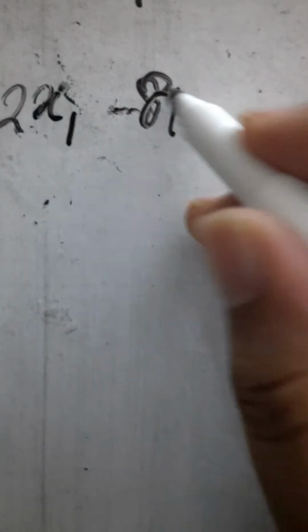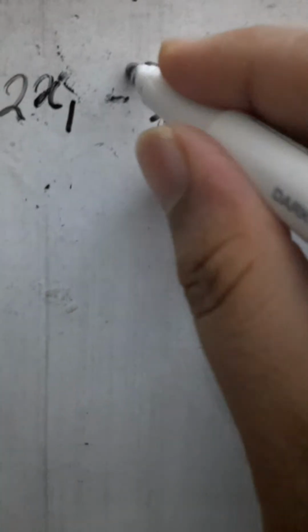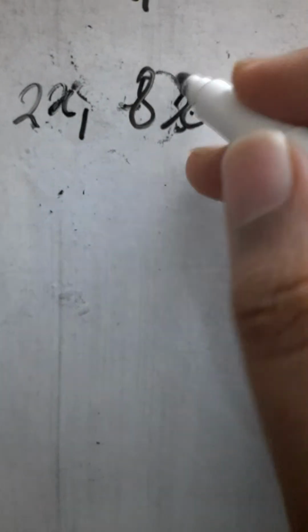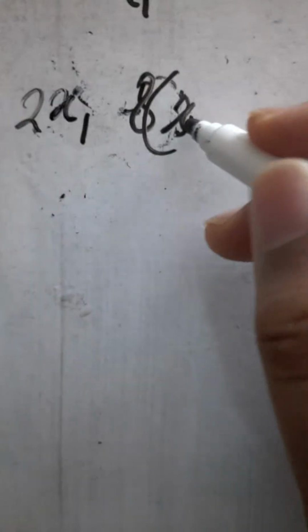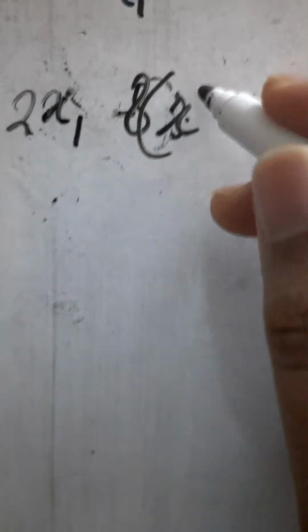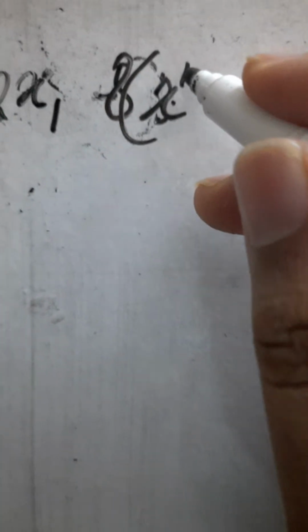Let's take 8 out of the picture: when you have a coefficient, 8 stays outside and we deal with the rest, and at the end that 8 simply multiplies. n is 1 here, so n x raised to n minus 1, so 1 comes here, x raised to 1 minus 1.